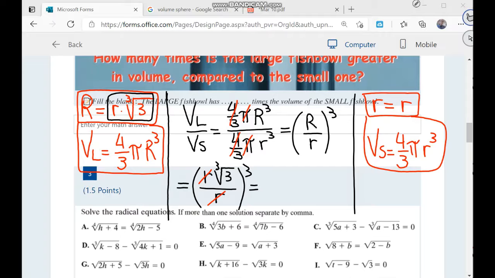The answer is going to be cube root of 3 cubed. Simplify this with this. The answer is 3. 3 is going to be the right answer for this bell work.